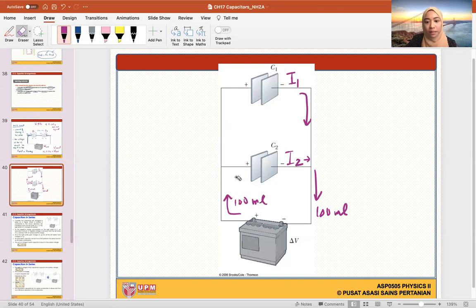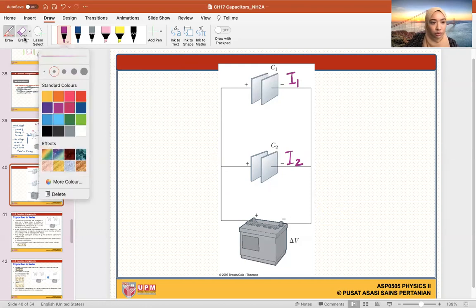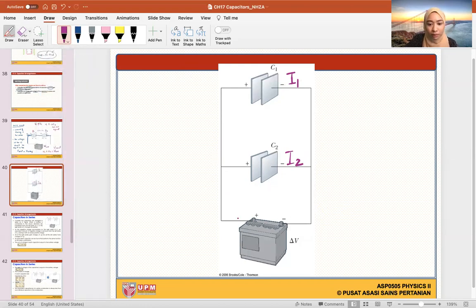So I1 plus I2 should be equal to I total. Betul tak? So this dude supplies me with I total. So I1 plus I2 is equal to I total.